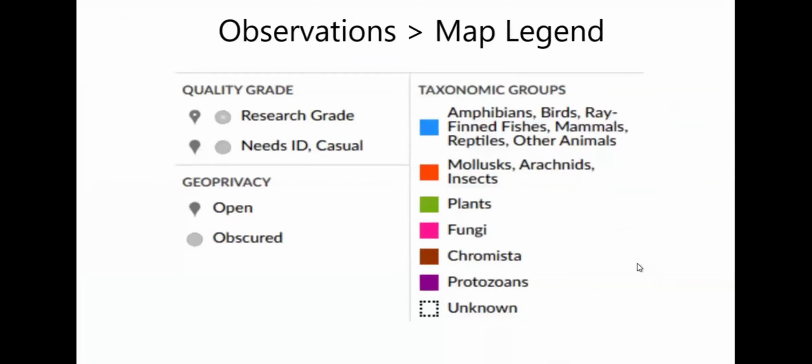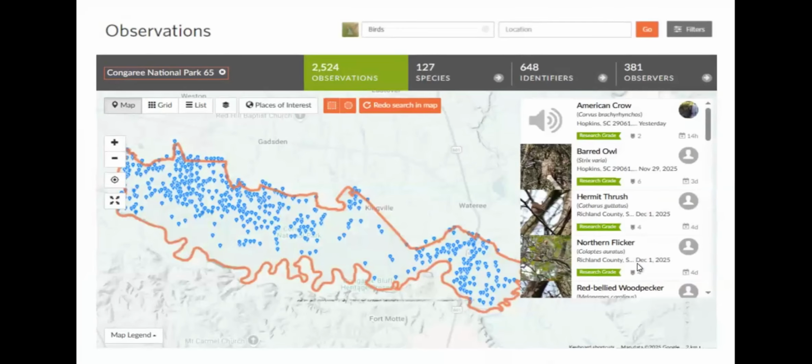And when you look in there, the observations are either going to be these little push pins or kind of fuzzy circles, and they're color coded by taxon. So, for instance, if I wanted to look at the birds of Congaree National Park, I can.